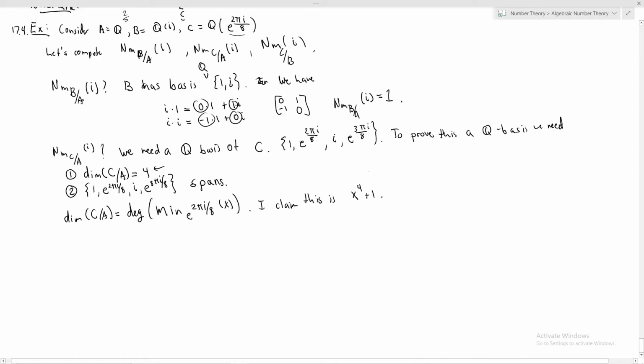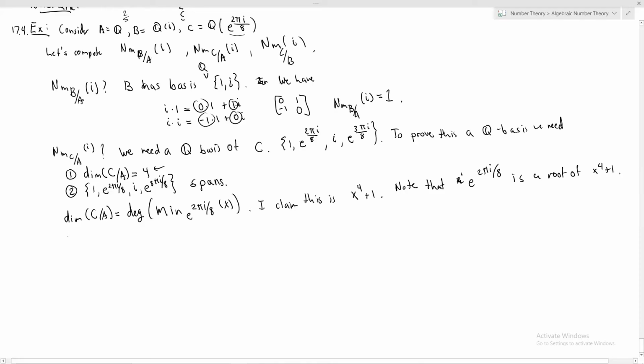I can check very easily that this is actually a root of this guy. So note e to the 2 pi i over 8 is a root of x to the 4th plus 1. Okay, I just need to check this polynomial is irreducible.